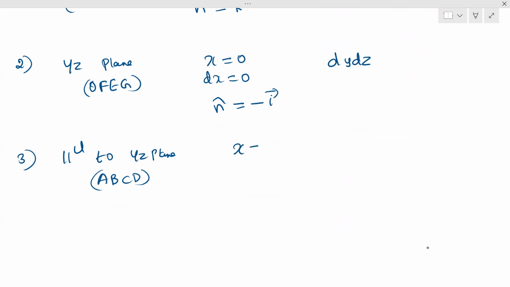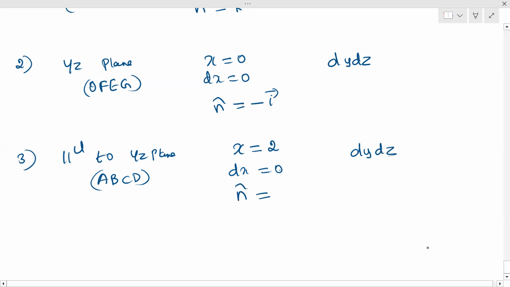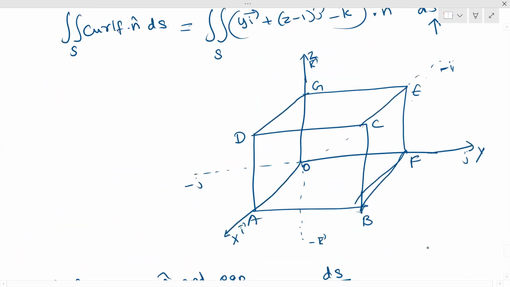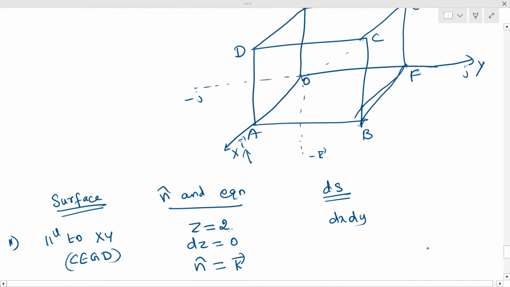Here the other variable is x, so x equal to constant, x equal to 2. So dx equal to 0 and ds is dy dz. The outward normal vector for this plane ABCD is the i vector.